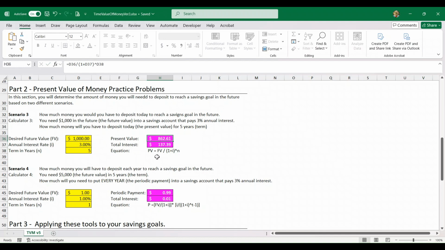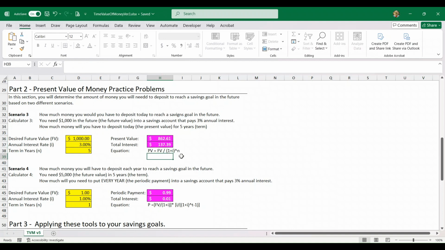So what that says is if I put in $862.61, I will earn a total of $137.39 in interest over 5 years. That means I will end up with $1,000 5 years from now. So you can see how it's basically just like scenario 1, but just thought about from the other perspective. I need $1,000 in the future. What do I need to put in the bank today?